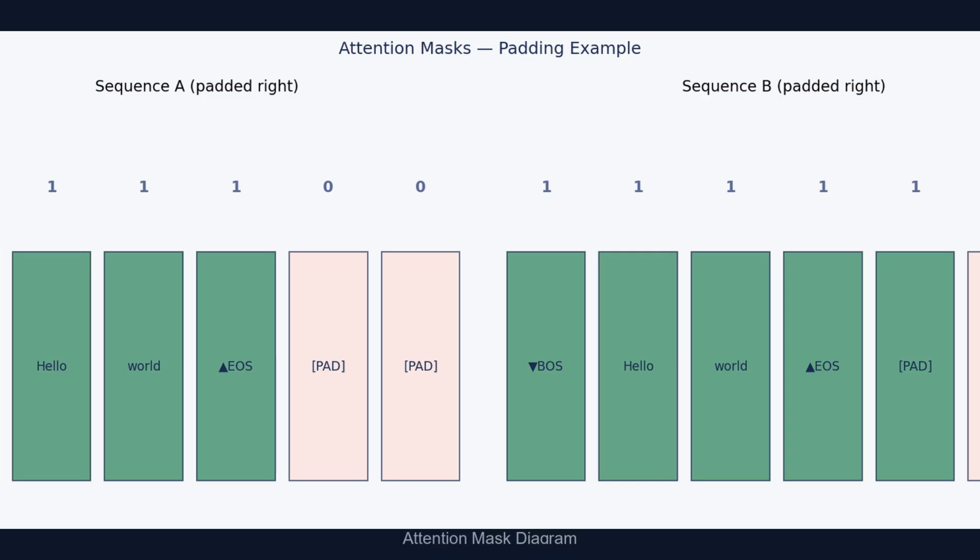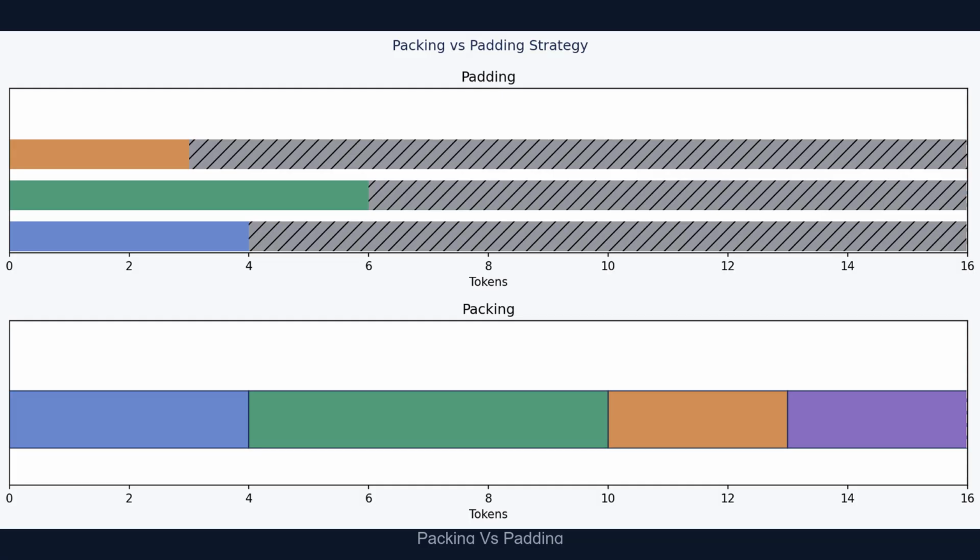When you use DataCollatorForLanguageModeling or DataCollatorForSeq2Seq, the attention mask is generated automatically alongside your input IDs. But if you ever build a custom data pipeline, generating the mask correctly is your responsibility. The contrast between padding and packing comes down to how much of each batch contains useful information.